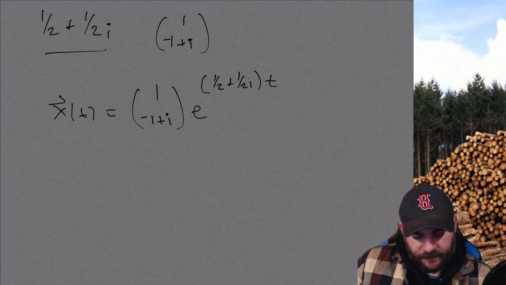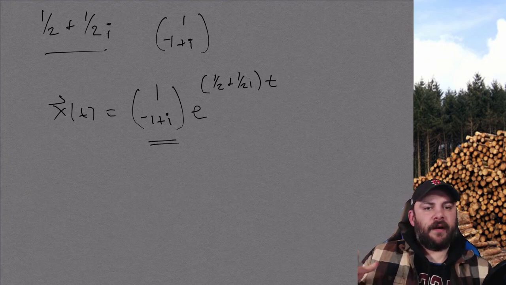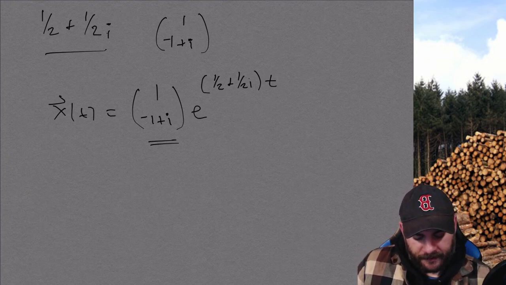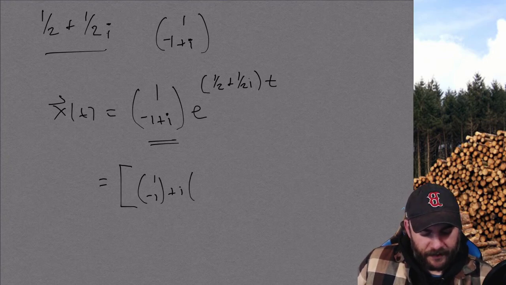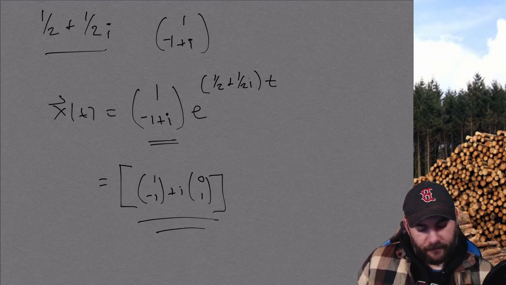Let's take this vector right here and blow it up into its real and complex parts. The real value on the top is a 1. The real value on the bottom is a negative 1. Plus I times the complex value on the top is a 0. The complex value on the bottom is a 1.